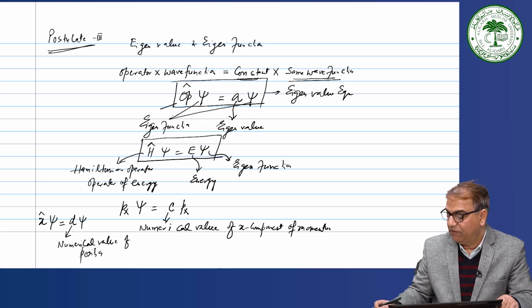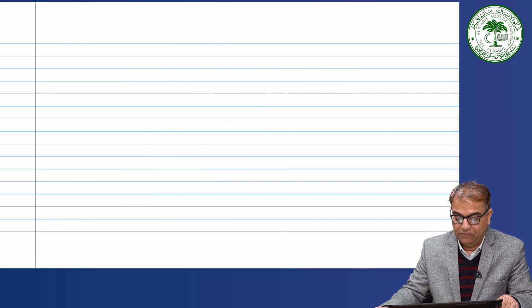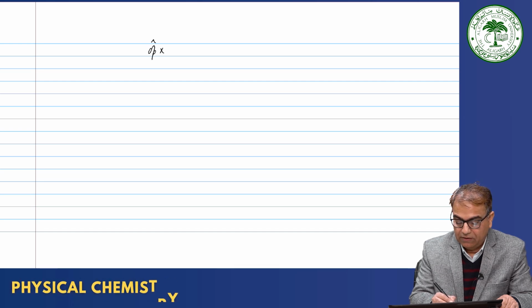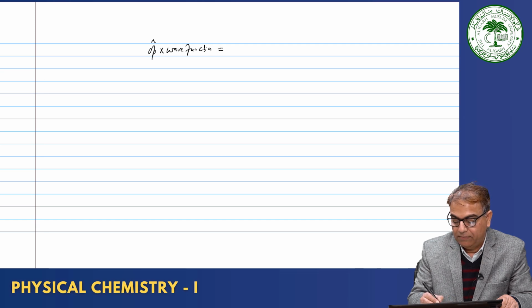But you will not always get this case. You can operate with an operator on a wave function and you get a wave function which is not the same wave function.